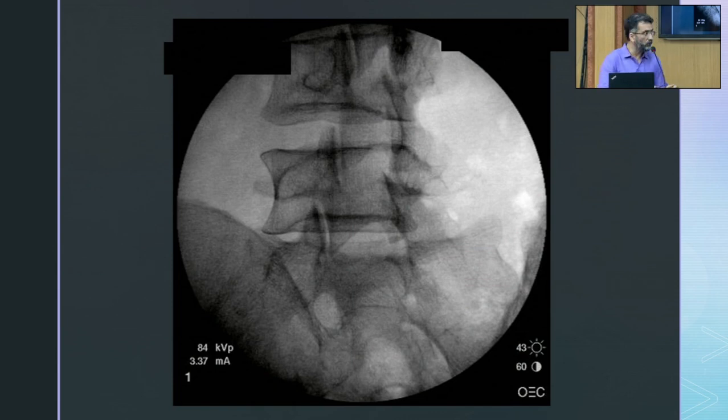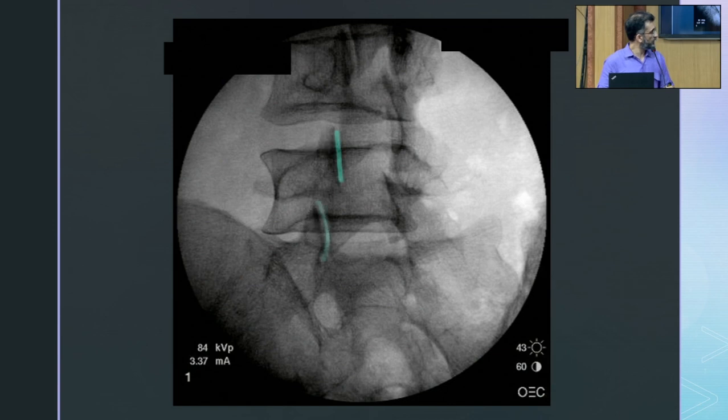So now just to end, this is an oblique image. This is the Scotty dog. This is the superior articular process. The eye of the Scotty dog is the site for the median nerve, again the lower Scotty dog, median nerve, superior articular process.